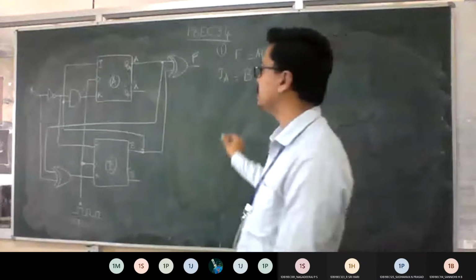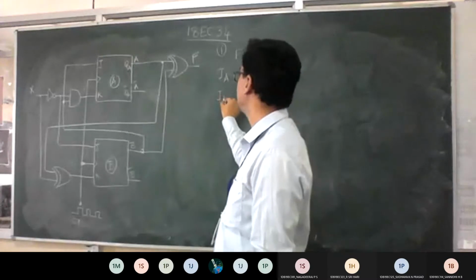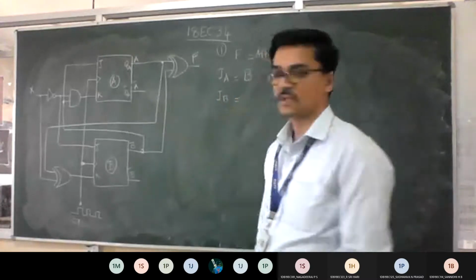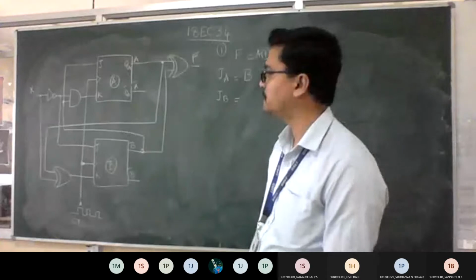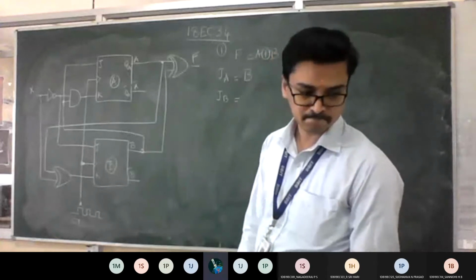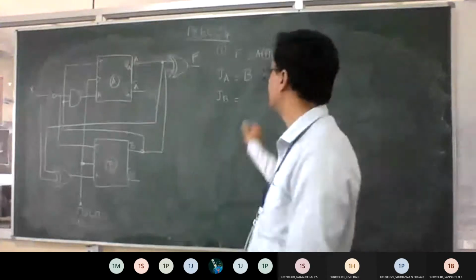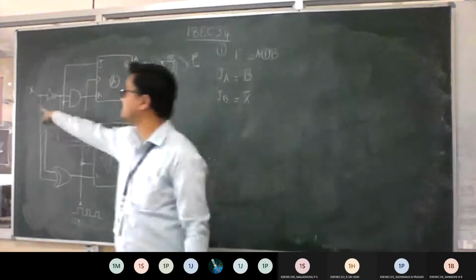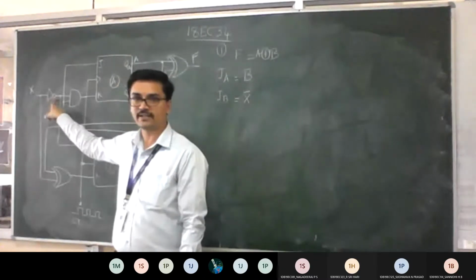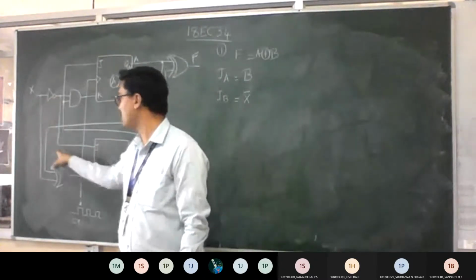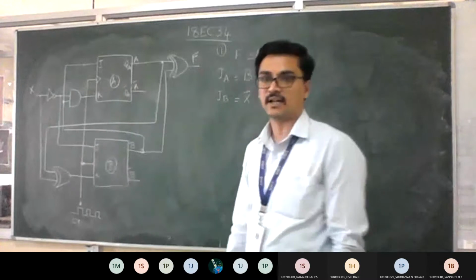Similarly, JB, with respect to the B register. X bar. Good. See here, X is here, it means it's a NOT gate, right? So I should get the complement. So X bar is connected to my third term.